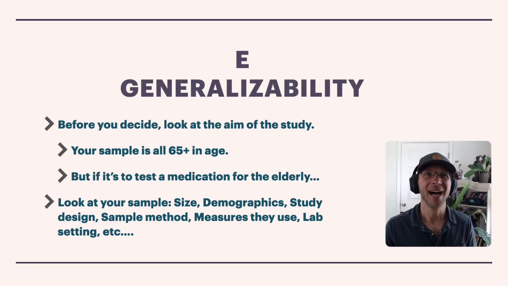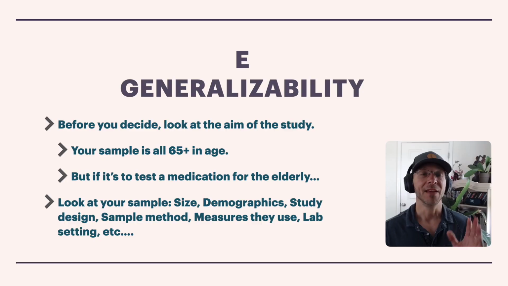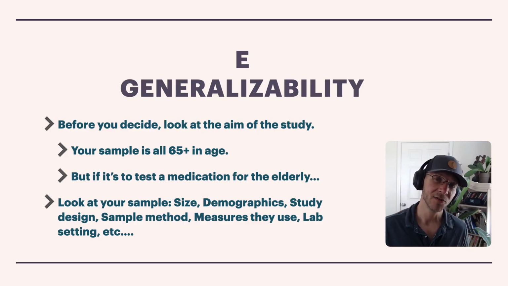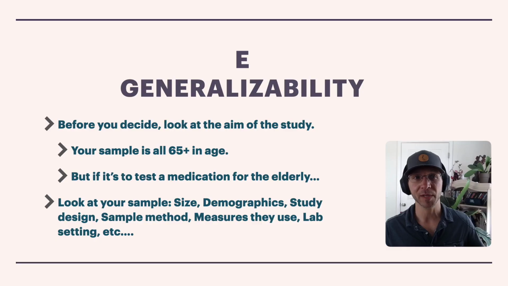What am I? The fifth part, E, generalizability. Before you decide whether or not the study is generalizable, take another look at the aim of the study. What is it they were looking at? For example, if everyone in the study is 65 and plus, you may be like, no, you can't generalize it because there are much younger people than 65 plus in the world.